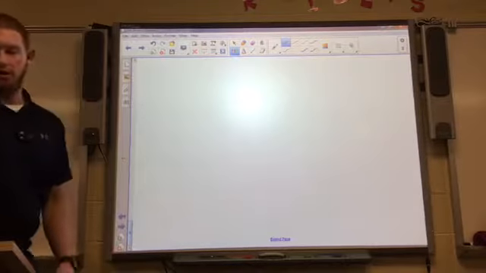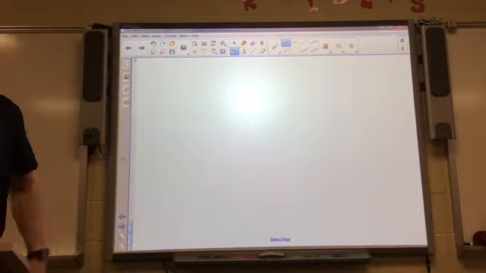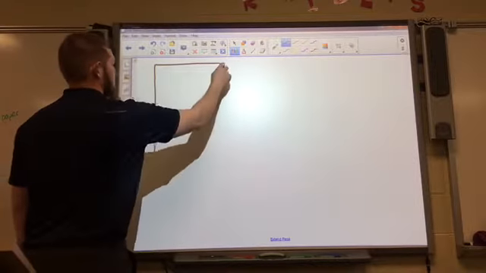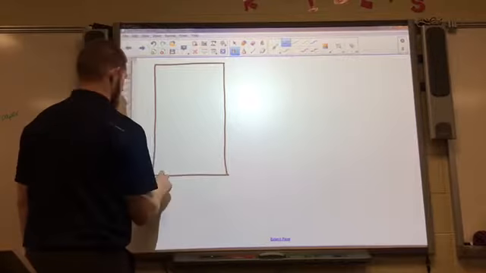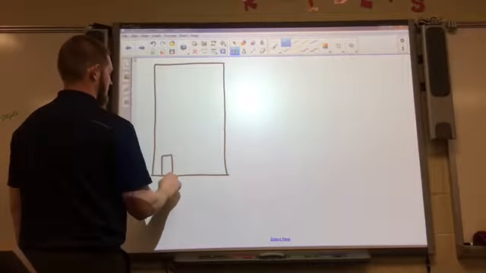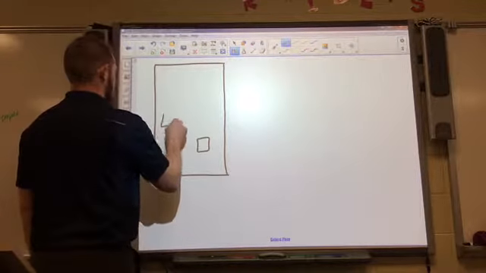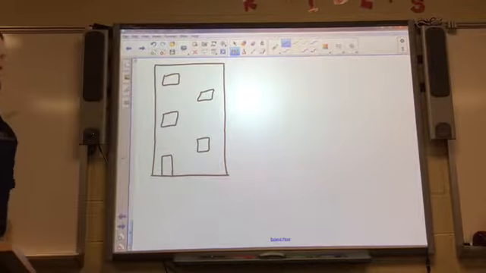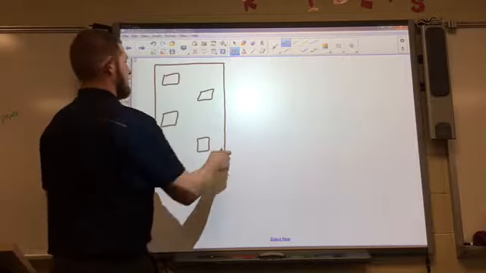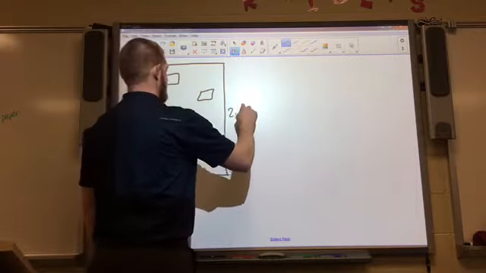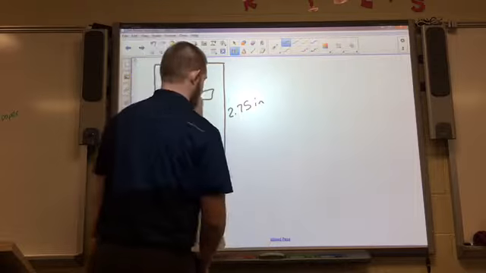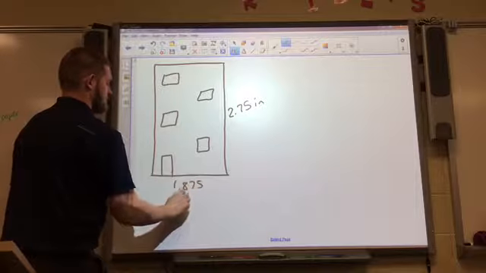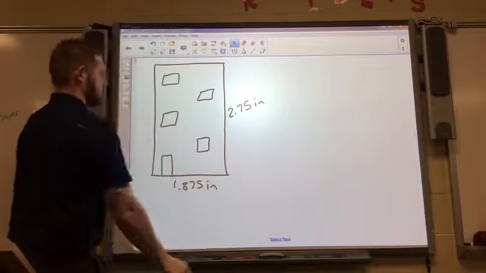Okay, so what we're going to do is I have a building. It's actually a picture of a building. There's the door. Got some windows. Okay, and this building, or the picture of it, excuse me, is 2.75 inches tall, and it's 1.875 inches wide.